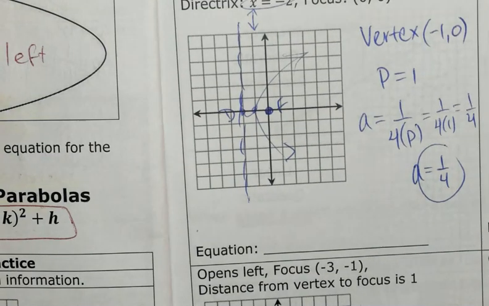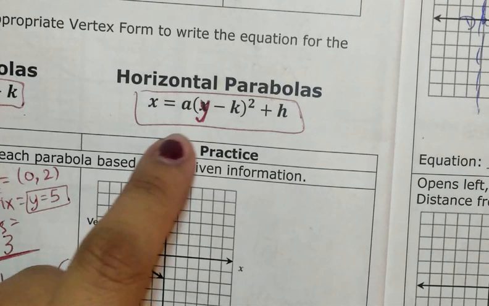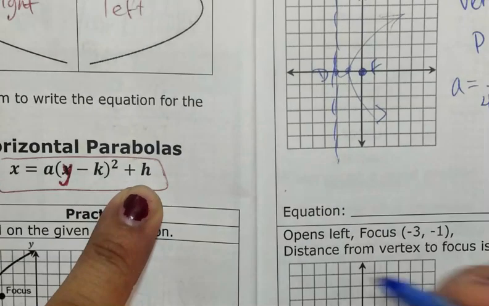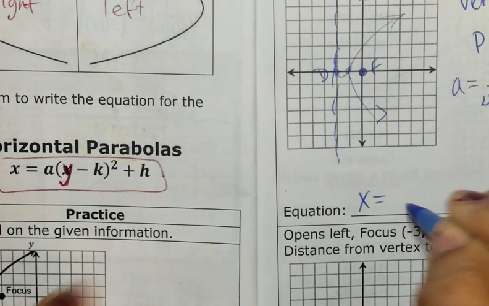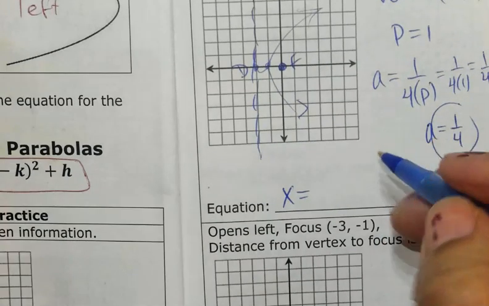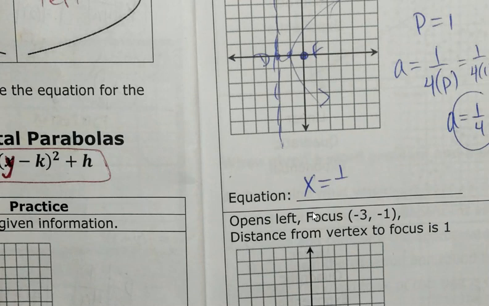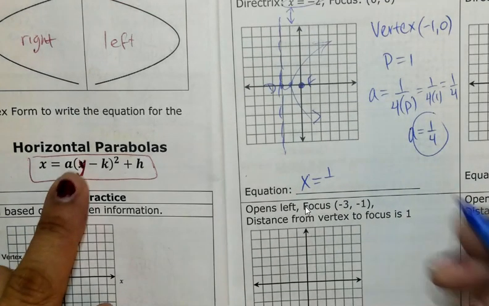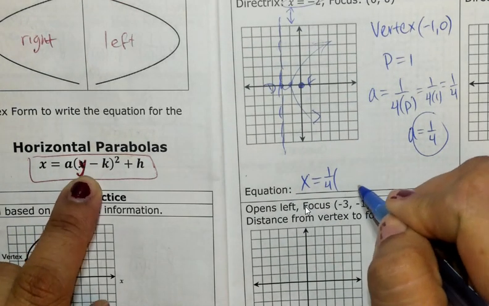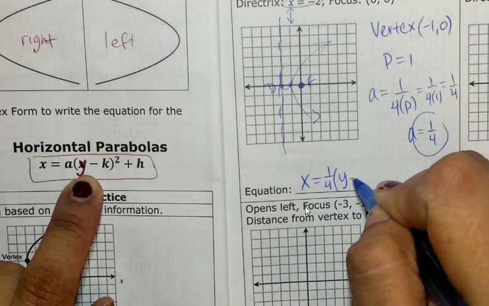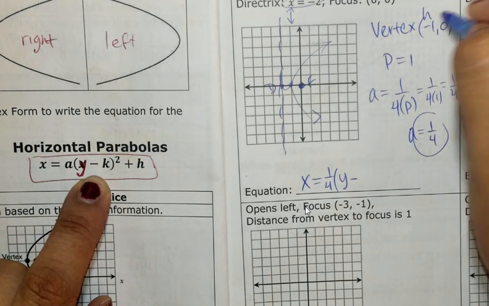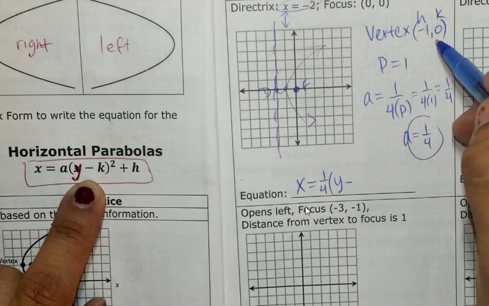Now, because it's opening sideways, you're going to follow this one. You're going to write X equals your A value, which is 1/4, parentheses Y minus your K. K is 0.